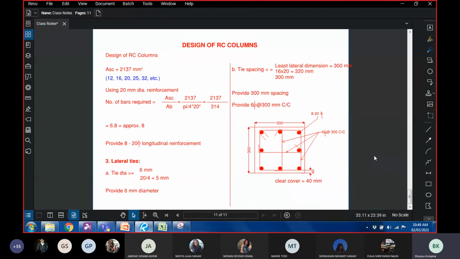In columns, normally the failure is brittle failure. In beams, there's tension and compression, and in tension the reinforcement yields, and there's a lot of deflection it can undergo. But under compression, there's going to be crushing of concrete, which is a brittle failure.